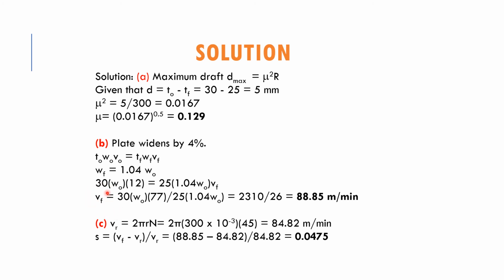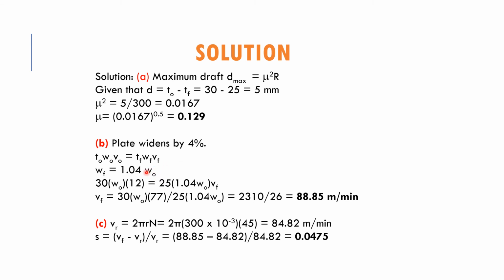So the equation that we can use is T naught W naught V naught equal to T final W final V final. Since the plate is widened by 4%, we can assume that W final will become 1.04, meaning 100 plus the 4%, times the initial width.